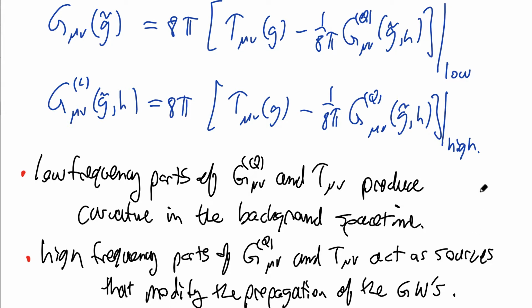Recall that our goal is to identify and quantify the energy as well as momentum and stress carried by gravitational waves. Now we have our answer. The low frequency part of minus 1 over 8 pi times the quadratic terms in the Einstein tensor act as a source for the background curvature, just like the stress energy momentum in the matter fields.